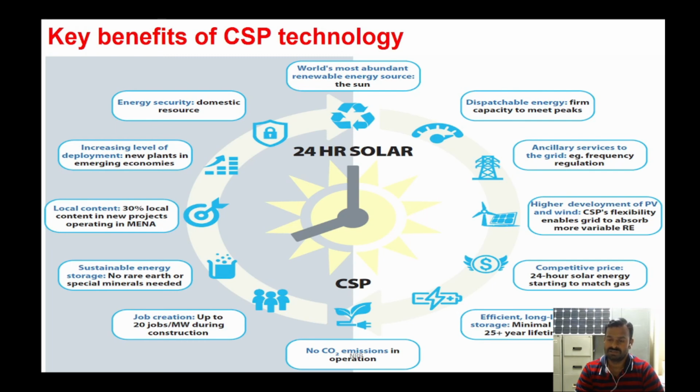And also the losses in this method are very less compared to the battery systems we have at present. And there is not much carbon dioxide emission in this operation, of course, because of the solar light or the solar power.